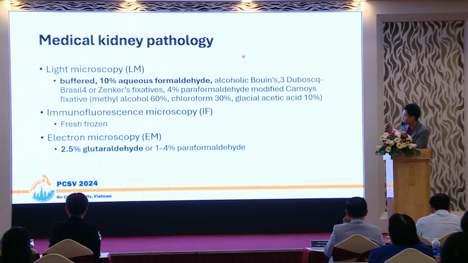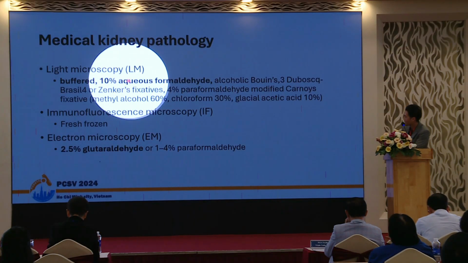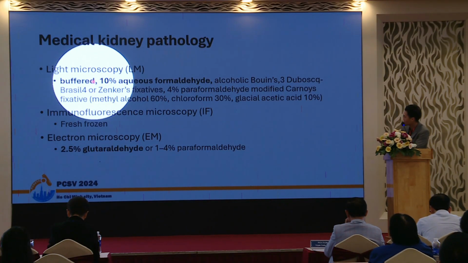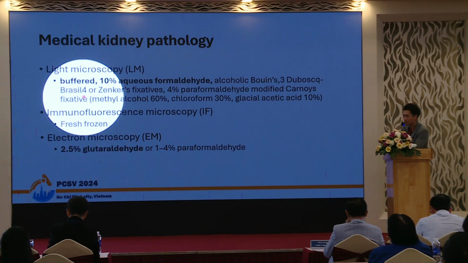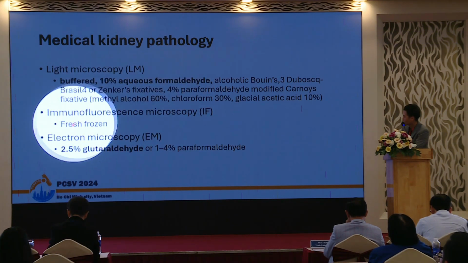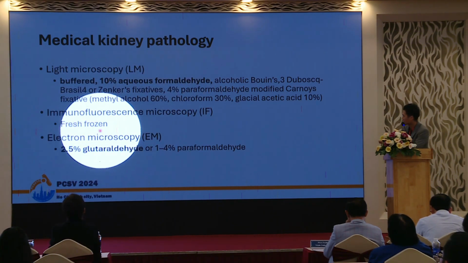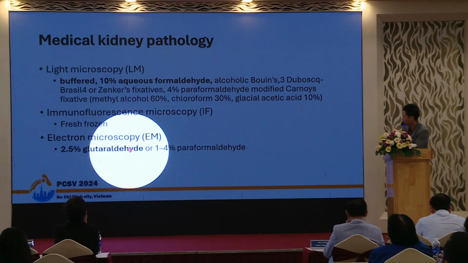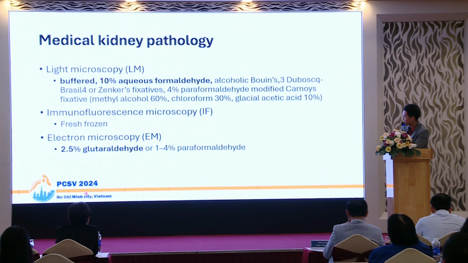These different techniques need different methods. For light microscopy, people often use tissue fixed in 10% neutral buffered formalin, and for immunofluorescence, we often use fresh frozen sections, and for electron microscopy, tissues are fixed in EM fixative.